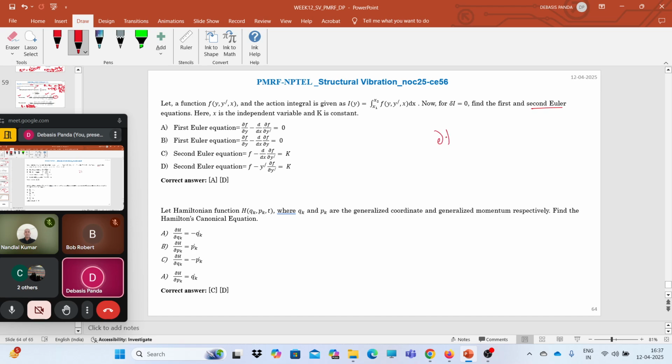The first Euler equation says del f by del y minus d/dx of del f by del y dot should be 0. That is the first Euler equation. What was the second Euler equation? That variation minus the first derivative of this variation with respect to your y dot is equal to 0. Sorry, I wrote it wrongly.